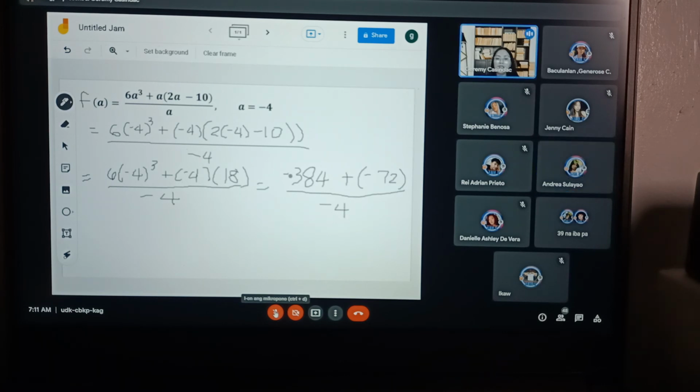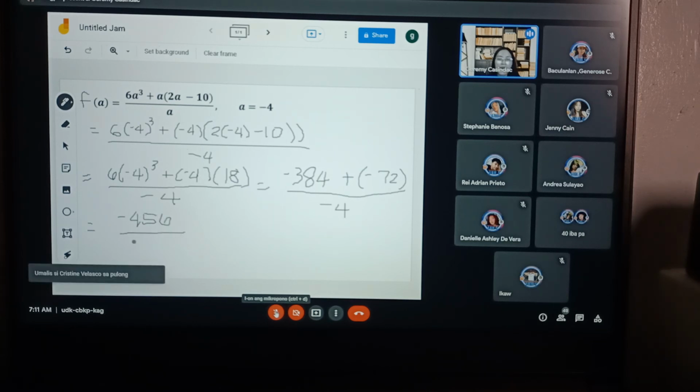Okay, so what would be the sum now of negative 384 and negative 72? Both negative, negative 456 po pala. Okay? Divided by negative 4. So, negative 456 divided by negative 4.